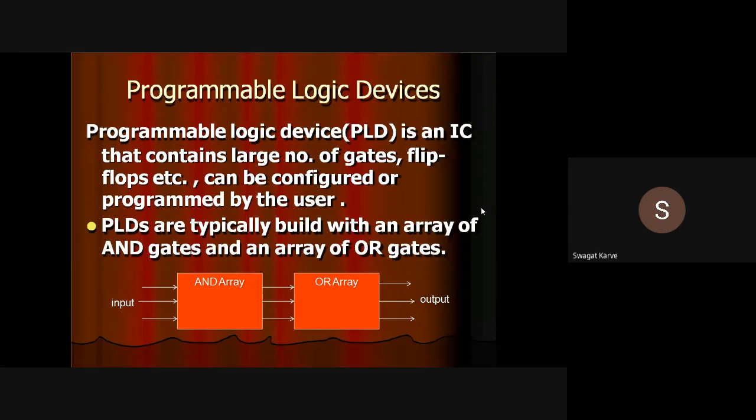And the significance of this PLD is that as a user, you can configure or program it. Now this PLD consists of an AND array as well as an OR array. That means AND array logic and OR array logic, right? So this is about the PLD.